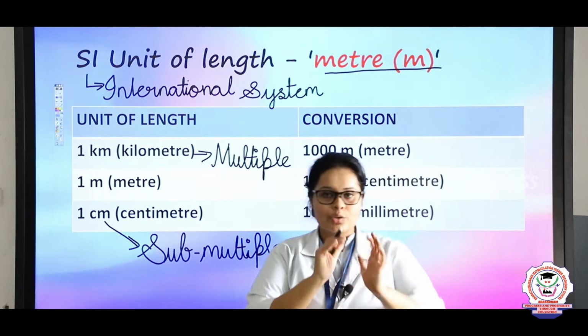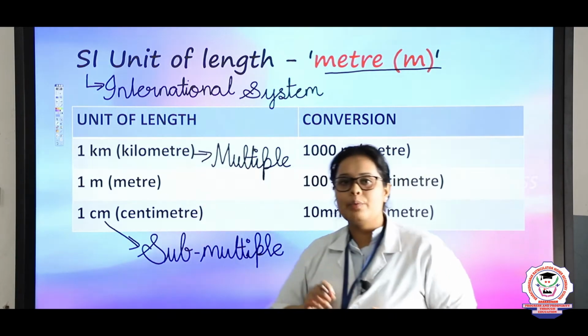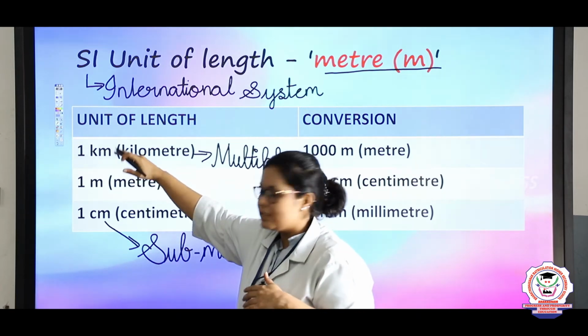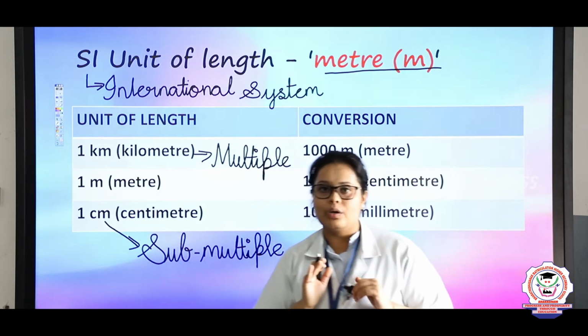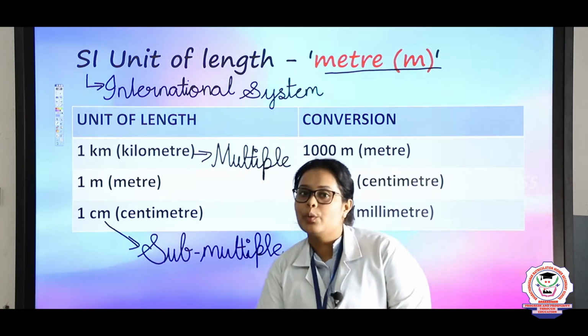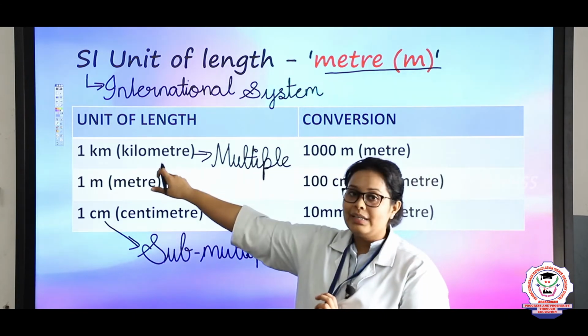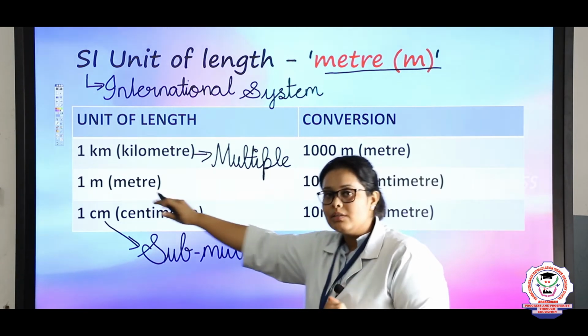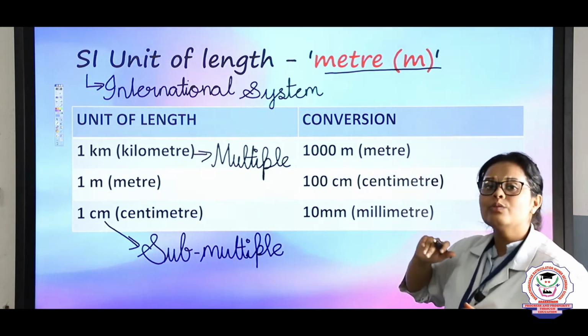Now let's see the conversion. First, you should know how to write this sequence. Always write the bigger value first: kilometer, meter and centimeter. Here we are taking 1 values. 1 kilometer is equal to how many meters? It will be a thousand.